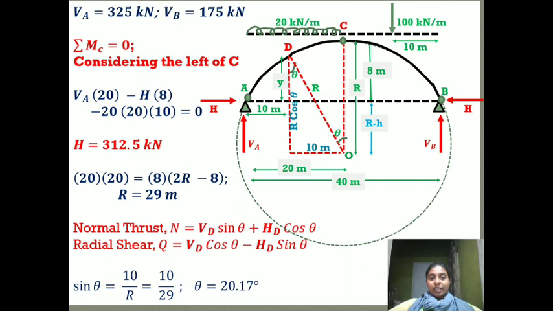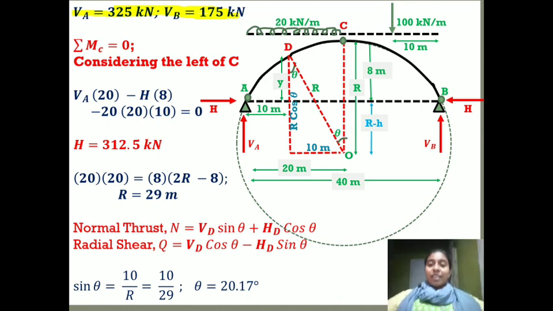Now we have calculated VA and VB. Now we will consider sigma MC equal to 0, because at C we have a hinge. In the previous case we considered sigma MB equal to 0. When you are considering moment about the hinge, we will consider either the left of the hinge or the right of the hinge.